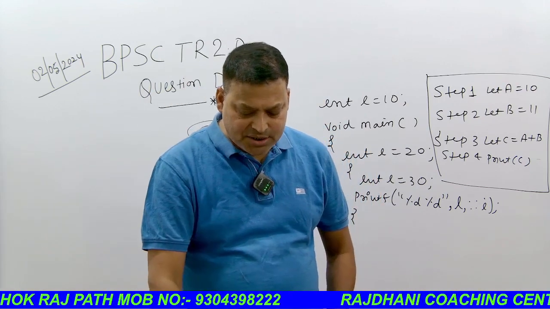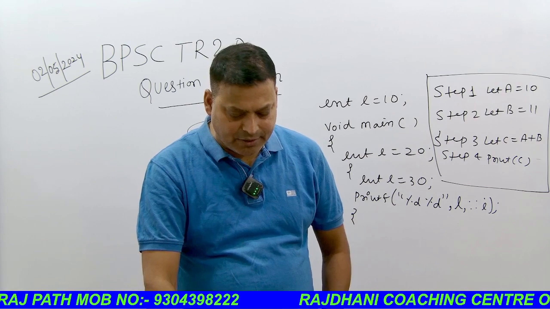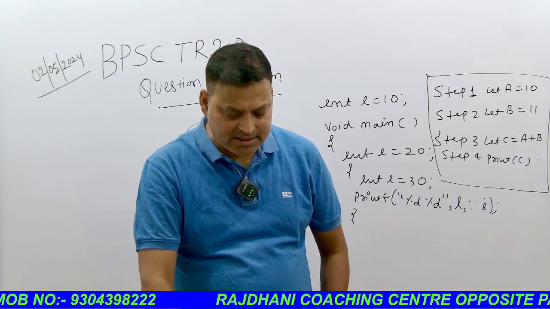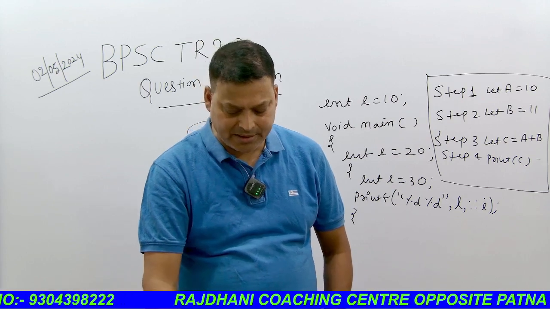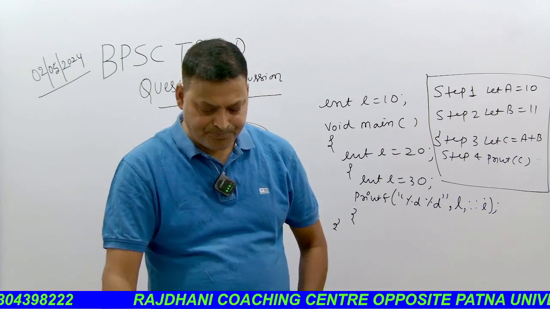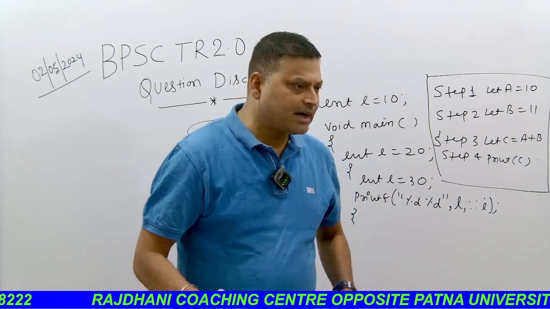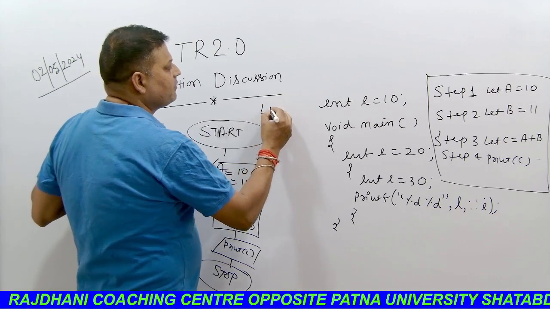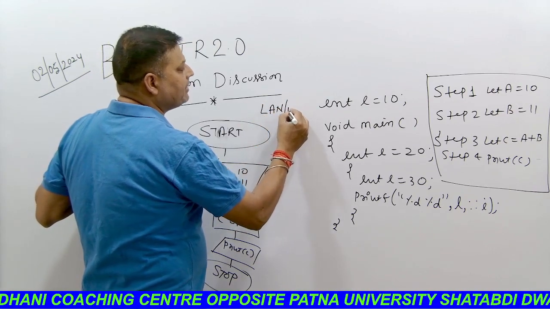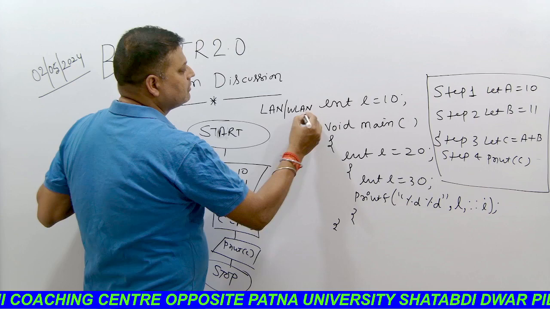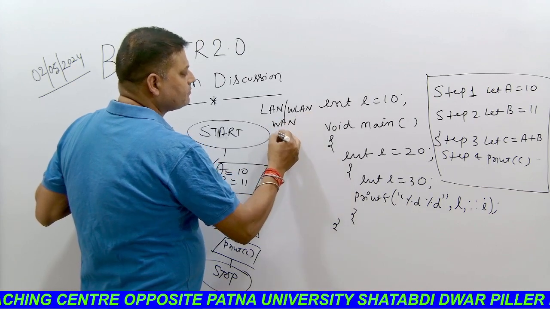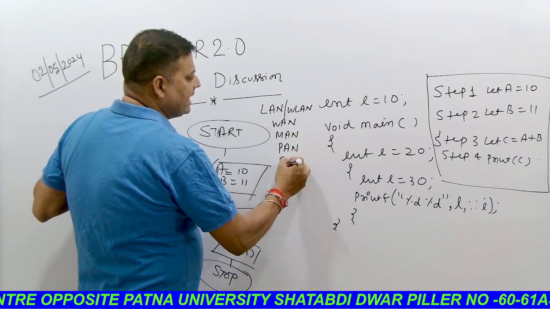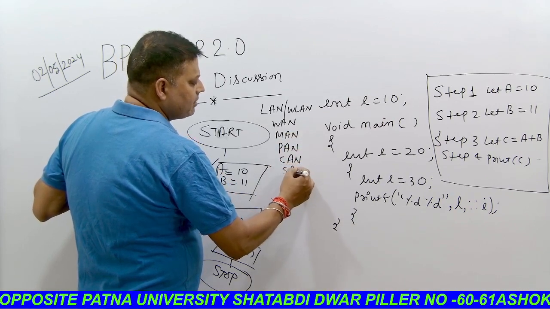A dash is used to connect networking devices that are in a very close geographical area such as a floor of a building. देखिए ऑप्शन यहाँ पे दे रहा है WAN, LAN, MAN, but I just want to tell you as far as the networking is concerned, we are having the concept of LAN, WLAN, WAN, MAN, PAN, CAN, SAN and DAN too.